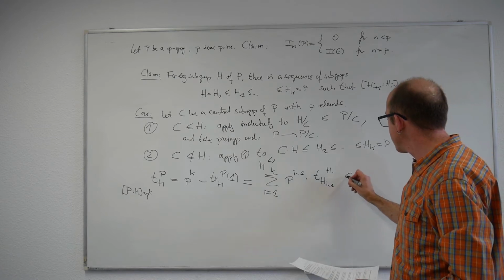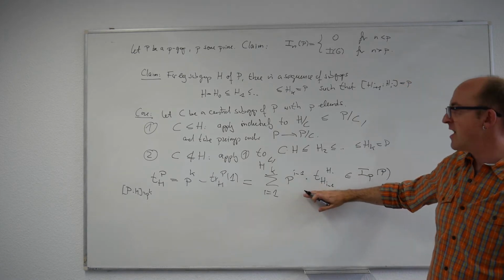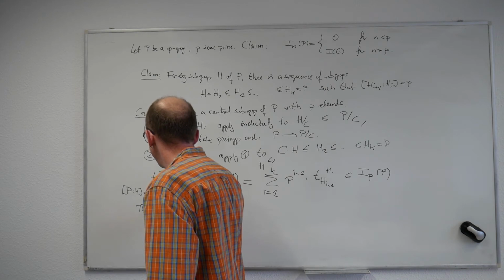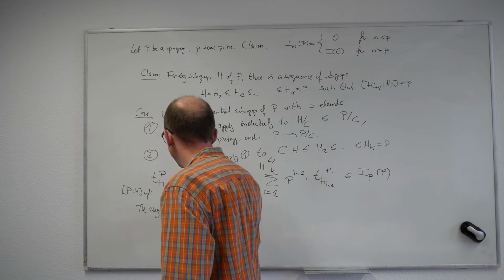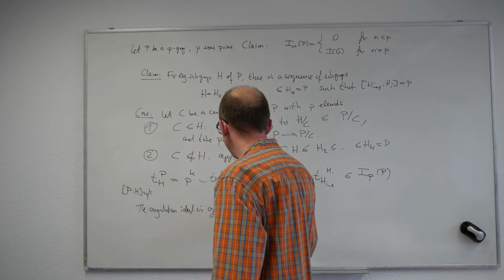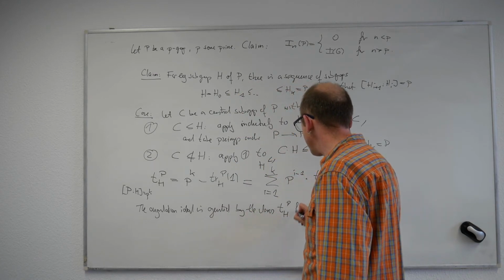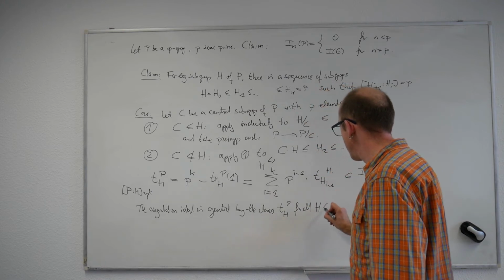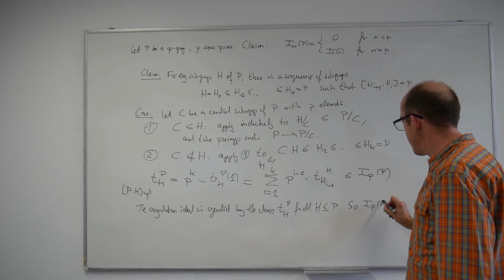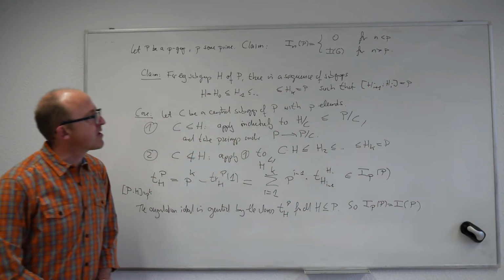So this shows that this is contained in I P of P, because this is an element of relative index exactly P. On the other hand, the augmentation ideal is generated by all these classes, by the classes T, H, P for all subgroups H and P. So it must be everything. So I P of P must be the full augmentation ideal because it contains generators for the augmentation ideal.